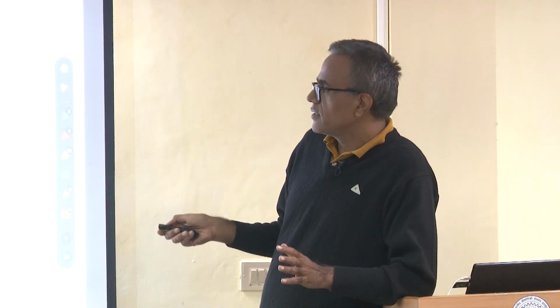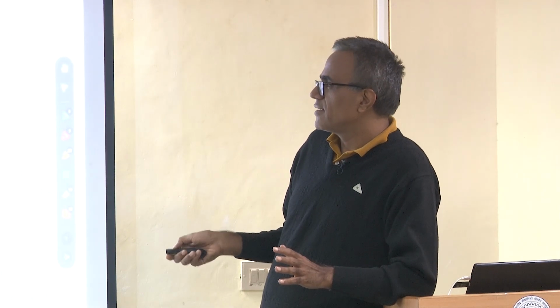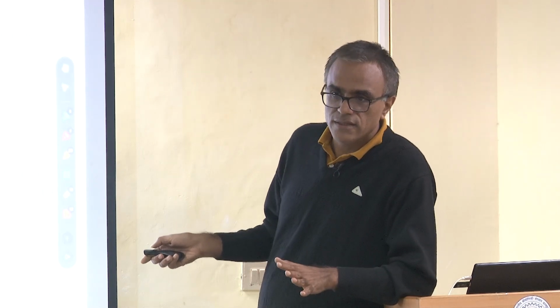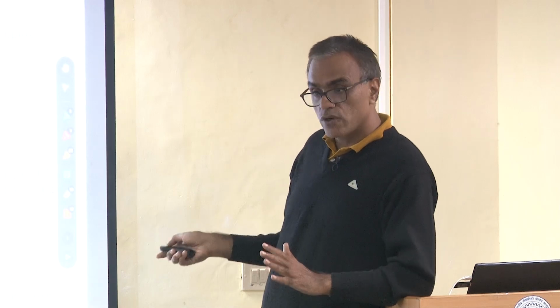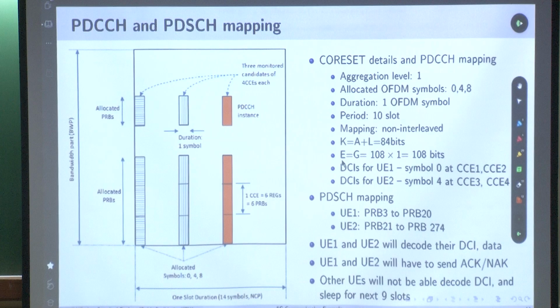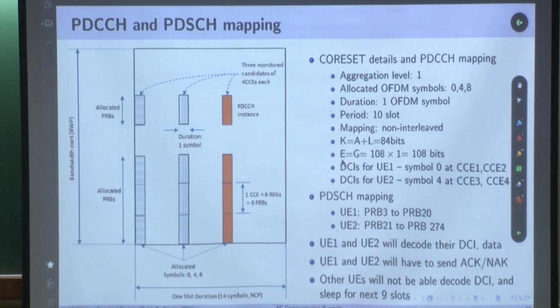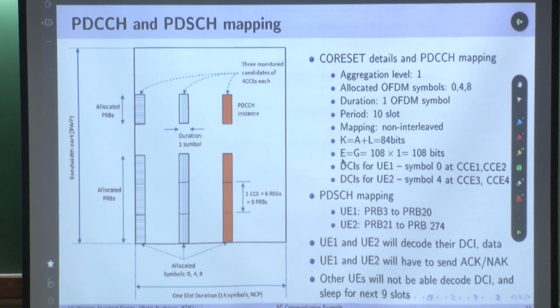The CORESET is being designed, and there are no more CORESETs coming for another 9 slots. So users don't have to wake up every slot; they can sleep. But these 2 users decode their data, send ACK or NACK, and then the whole process continues. So this is how it works.